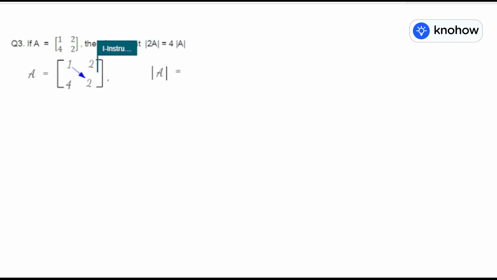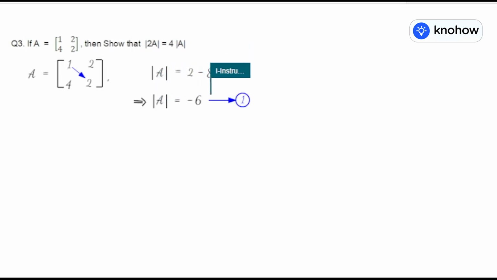Elements on the main diagonal to be multiplied, so 1 into 2, 2, minus the product on the other diagonal, so you have 2 into 4, 8. So the value of determinant A is minus 6, call it 1.